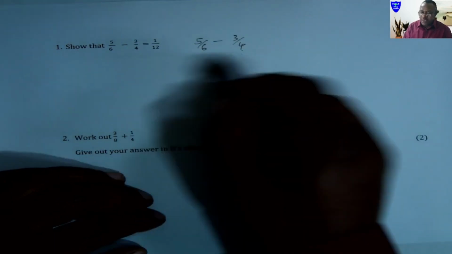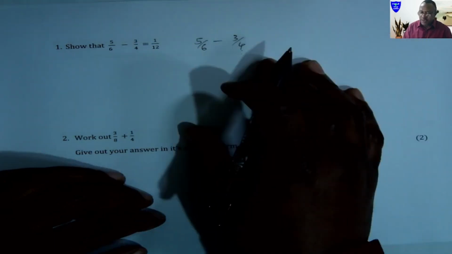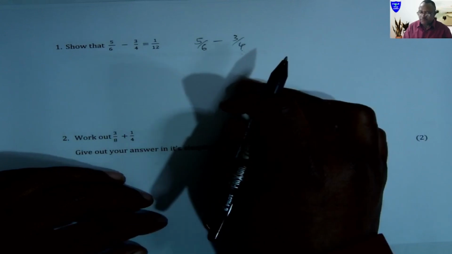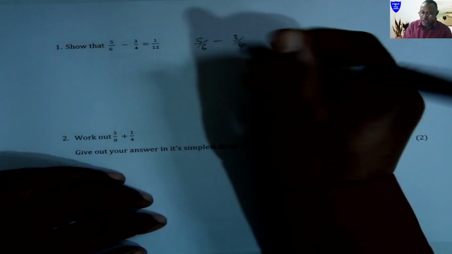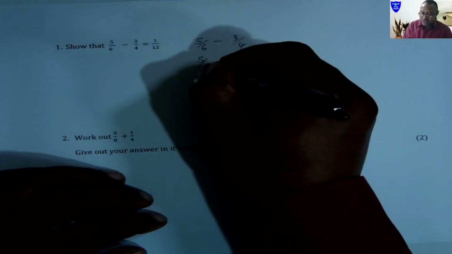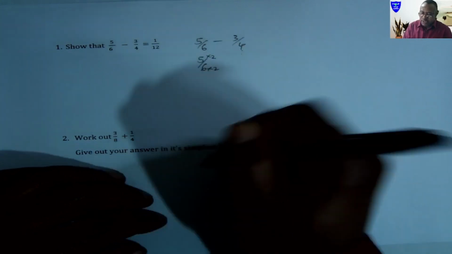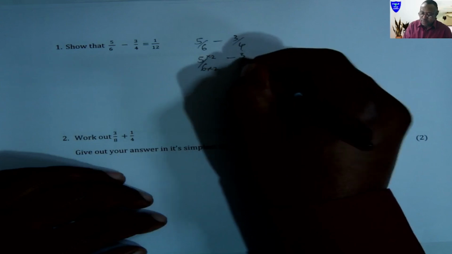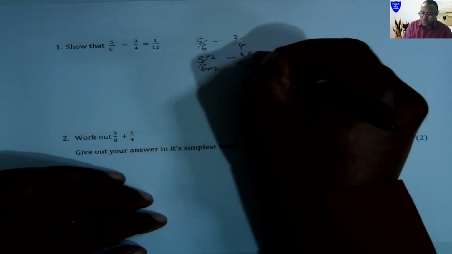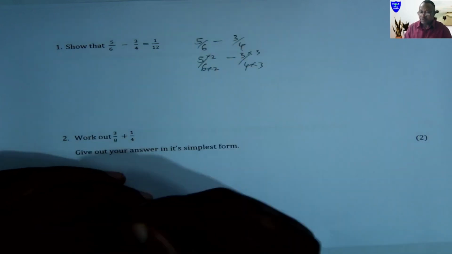Now I'm thinking here, the common denominator that I can have here is 12. Therefore, I need to multiply this fraction by 2 by 2. This one I'll multiply by 3 by 3.